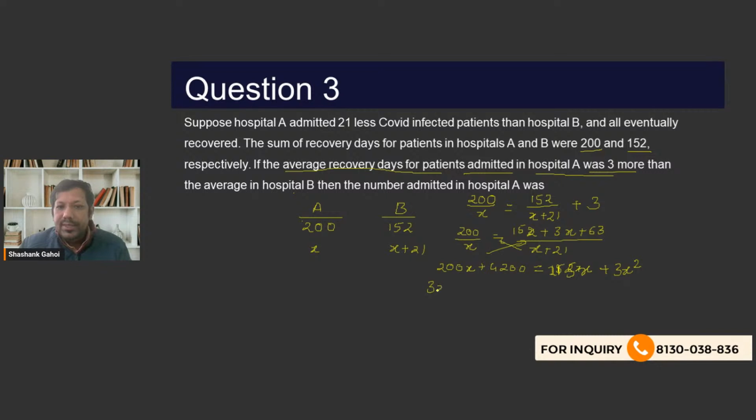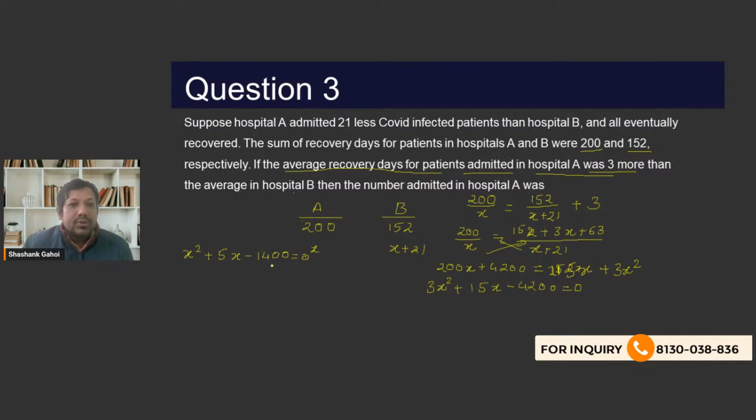That is equal to 3x square plus 15x minus 4200, and that's equal to 0. Divide everything by 3. So my actual equation becomes x square plus 5x minus 1400.